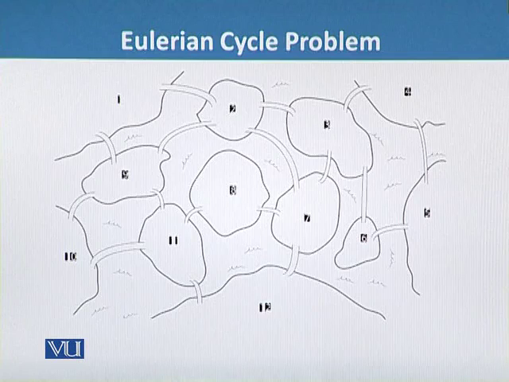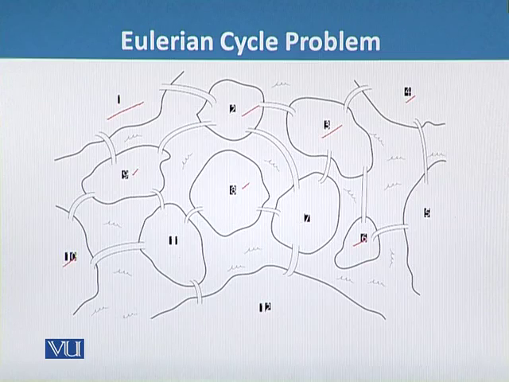We can see in this diagram that there are 12 islands, numbered 1 to 12, and 17 bridges that interconnect the different islands.